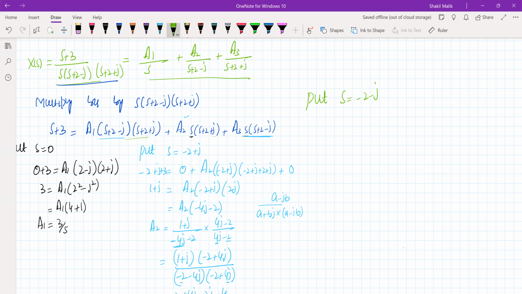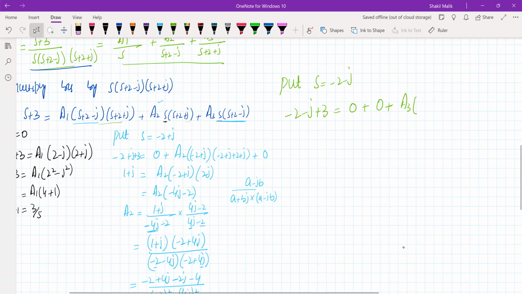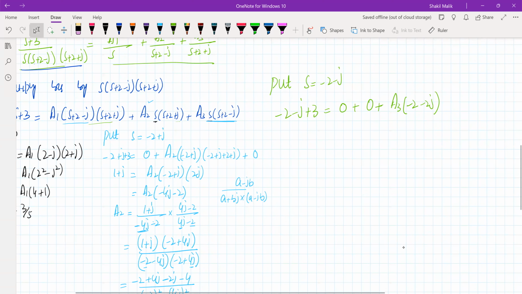So putting s equal to minus 2 minus j plus 3, that's equal to 0 plus 0, because the first two terms will be 0, then a3 times s, which is minus 2 minus j, multiplied by s, which is minus 2 minus j minus 2, so we have plus 2 here minus j.